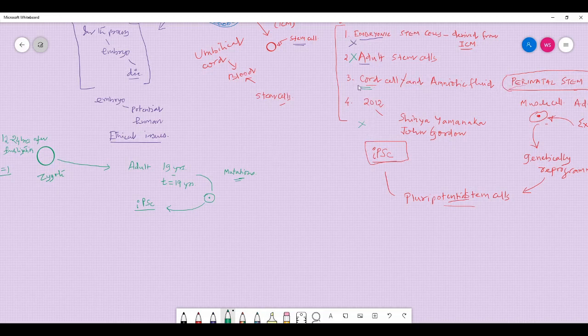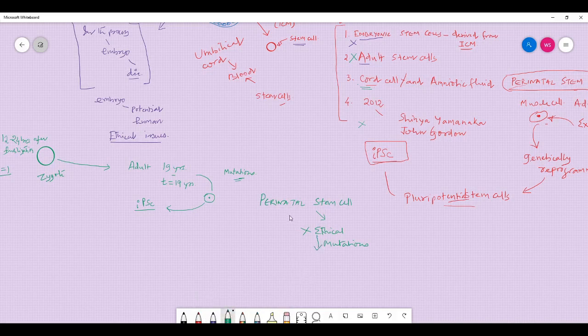So what's the advantage of a perinatal stem cell? The advantage is that ethical issues are less, and mutations would be less. We can say it has reduced mutations.